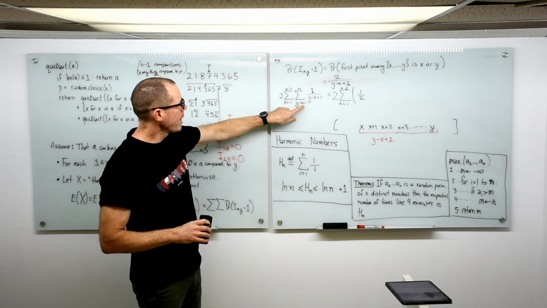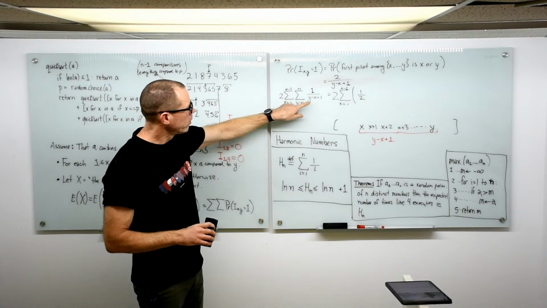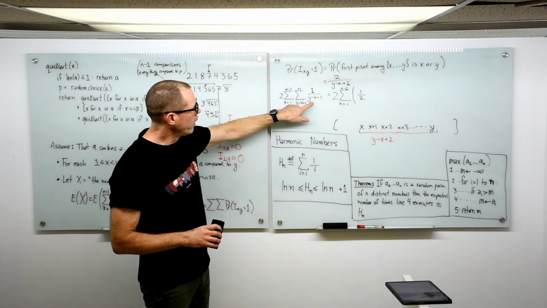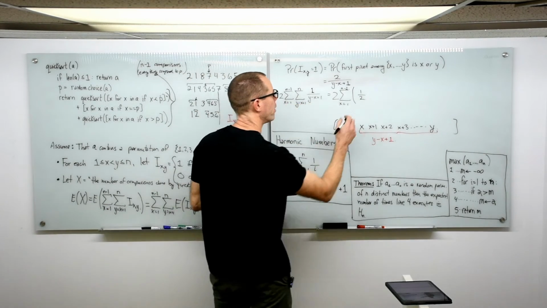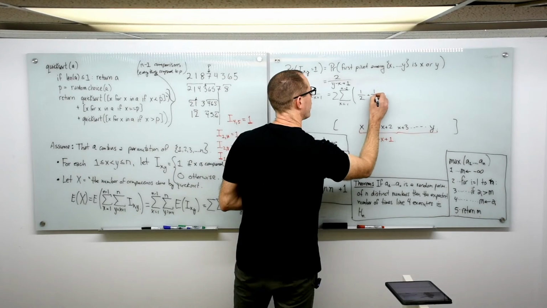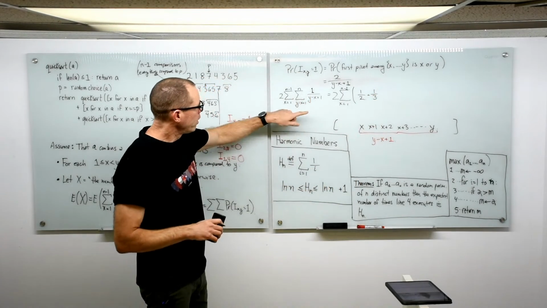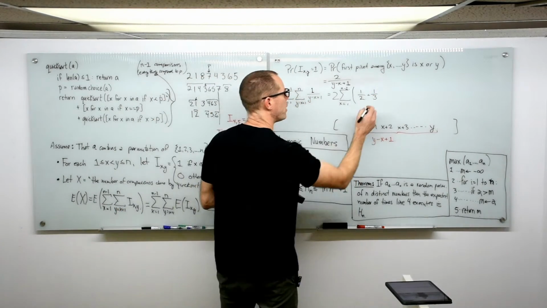Next time through, y is equal to x plus 2. When I put that in here, this thing becomes a third. Next time through, this becomes a quarter.